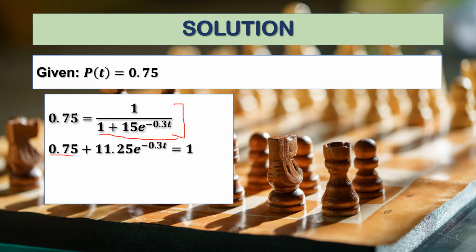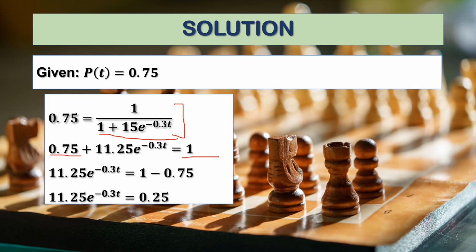Then, we combine 0.75 and 1, so we got 11.25 multiplied by e raised to negative 0.3t is equal to 1 minus 0.75. Simplifying further, we have 11.25 multiplied by e raised to negative 0.3t is equal to 0.25.